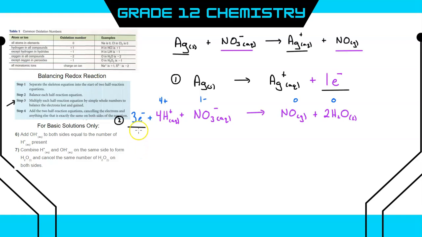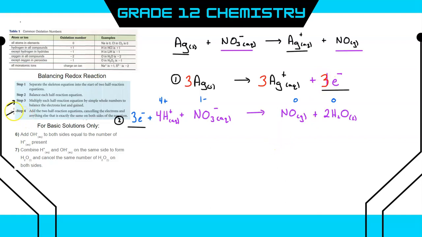Those aren't equal. So what I need to do is make them equal. So I can multiply equation 1 by 3 to do that. So the whole equation, don't just change the number of electrons to 3, multiply the whole equation by 3. So we're going to have 3 here, 3 here, and 3 here. All right, so that's step 3.